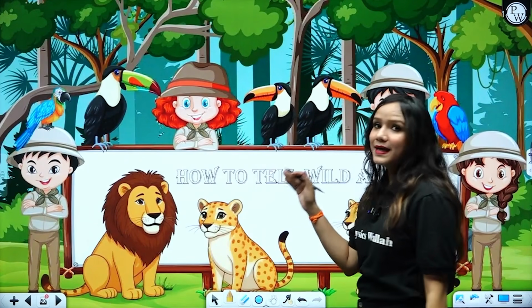How to Tell Wild Animals by Caroline Wells is a wonderful poem in your textbook that beautifully and vividly describes various wild animals in terms of their behavioral patterns and their distinctive physical features. Through this poem, we as readers will come to know about various distinctive features of different wild animals, and we will also learn to identify them through their different behavioral patterns as well.